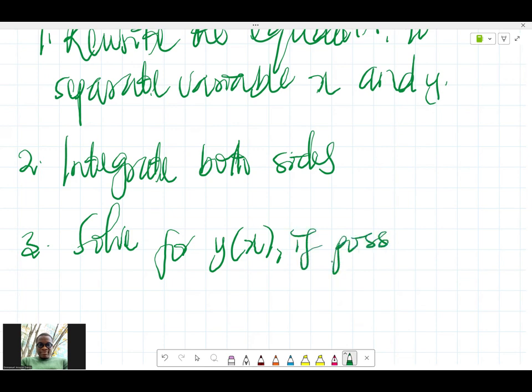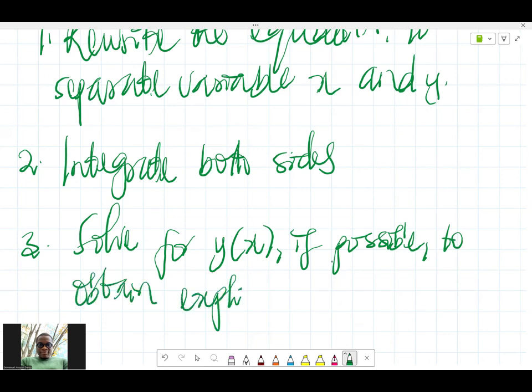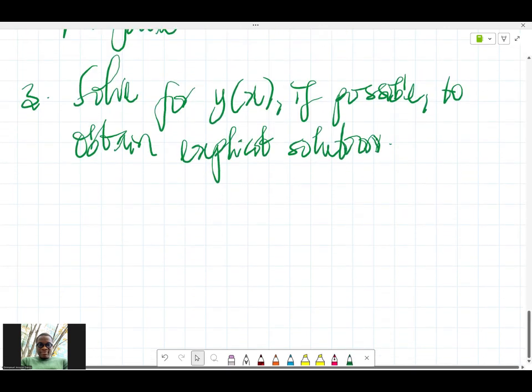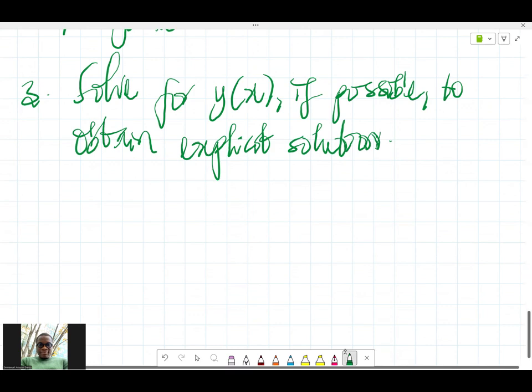It is not in all cases that you can solve for y, because some of these results may be implicit. If not, you leave it in the implicit form. You may need to apply initial conditions to determine any constants of integration.